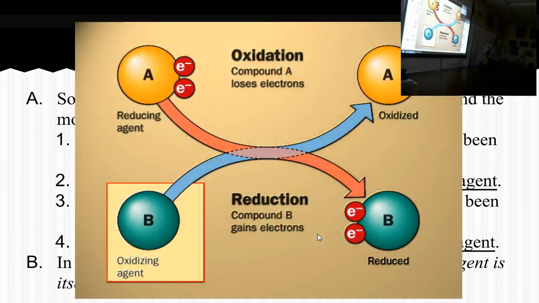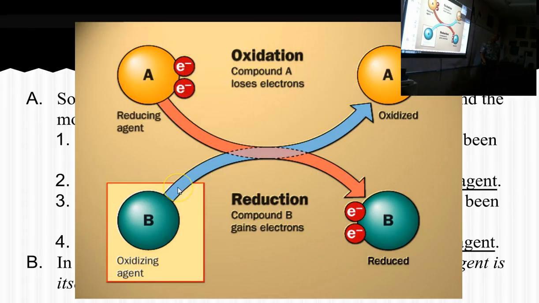There you go. And again, reduction and oxidation happen in the same reaction. So if element A has 2 electrons, and then the reaction happens, and those 2 electrons wind up with element B. Now, element A has been oxidized because it lost these 2 electrons that it used to have.